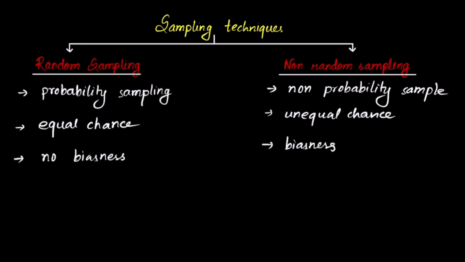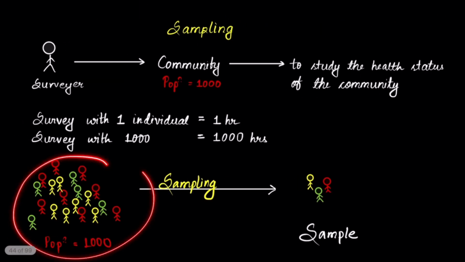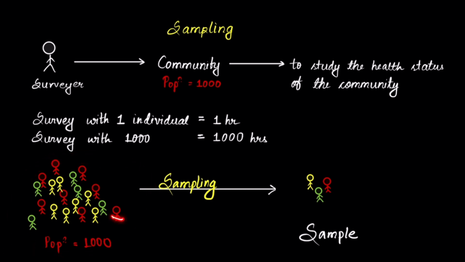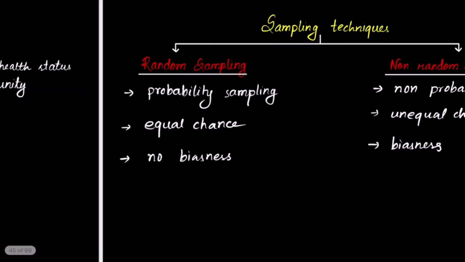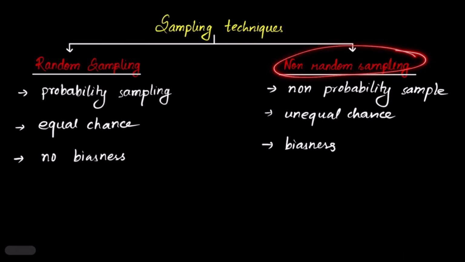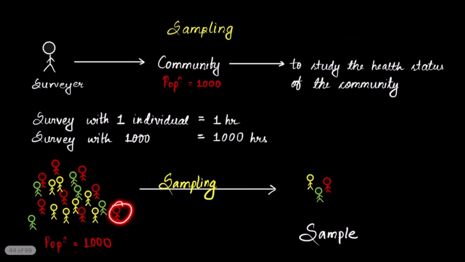Again, one last time. In case of random sampling, each and every individual of the population gets an equal chance of getting selected. That is, each of them has equal probability of getting selected. However, in case of non-random sampling, a few individuals are favored over other individuals.